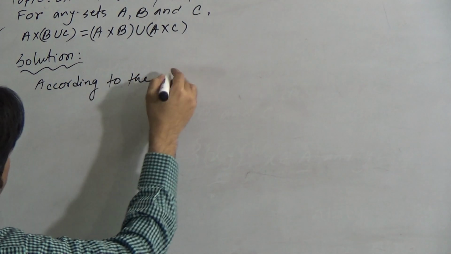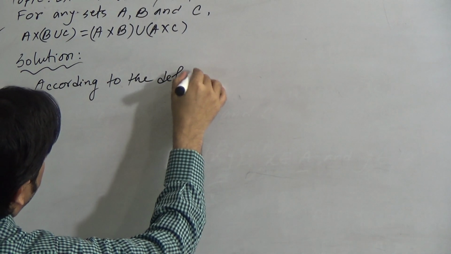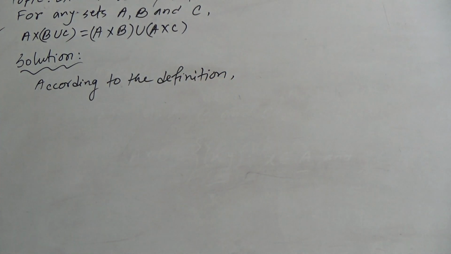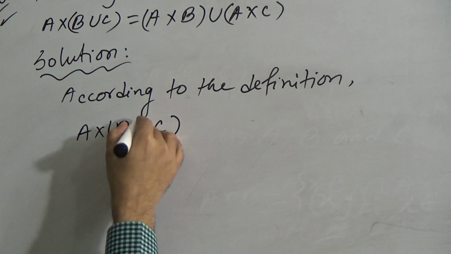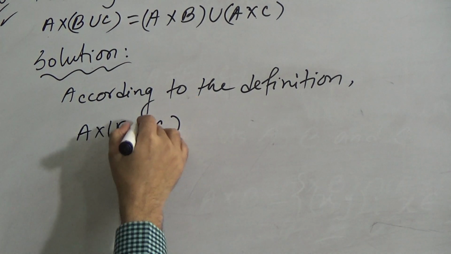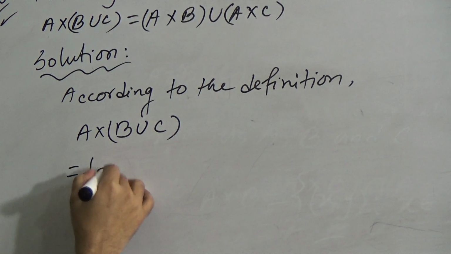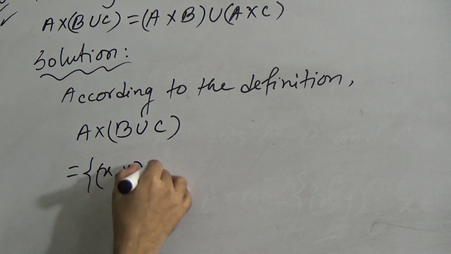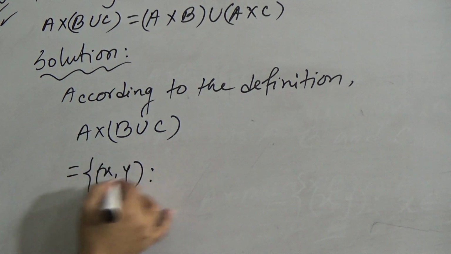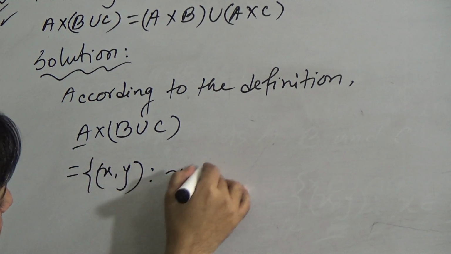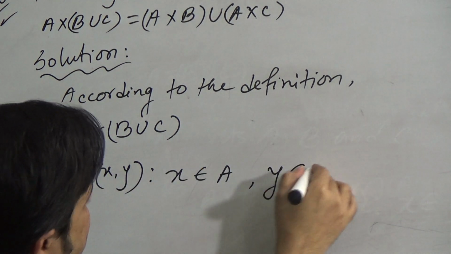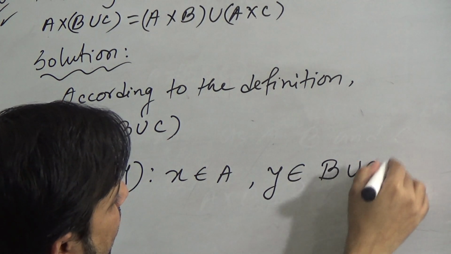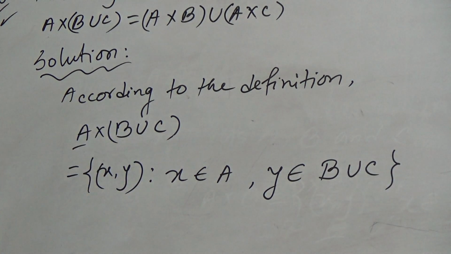According to the definition, we can write here A cross B union C will be equal to the set of all x, y, that is, the set of all ordered pairs such that x will come from set A, it means x is contained in A, and y is contained in B union C.